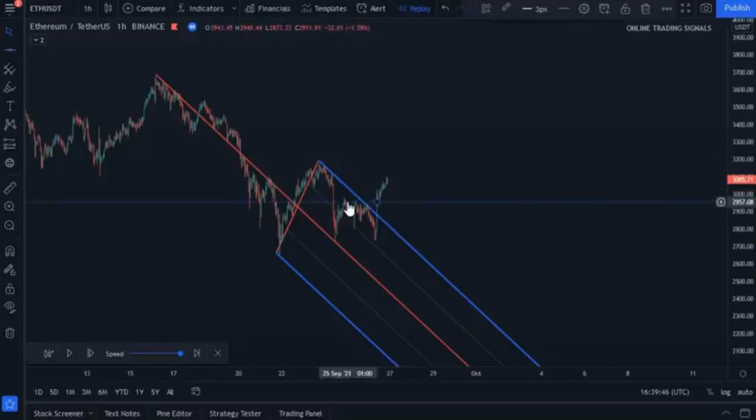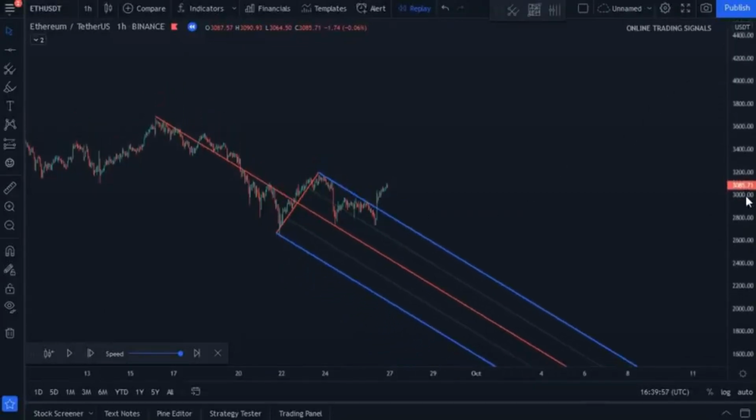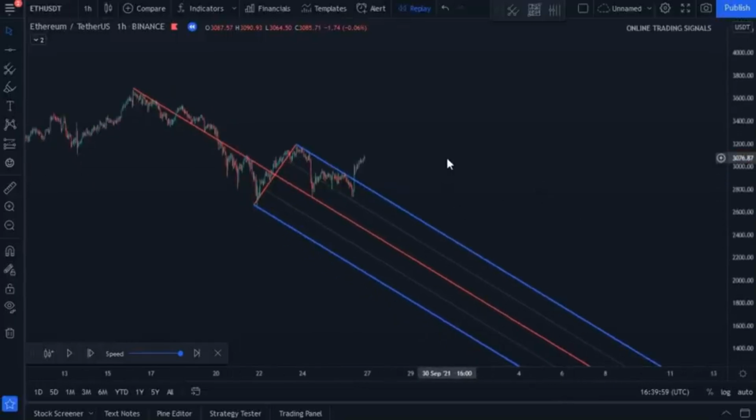Let's draw a simple resistance line and see the difference. It's almost the same, but the Pitchfork tool was more accurate because it tracks the movement of the trend moment by moment.